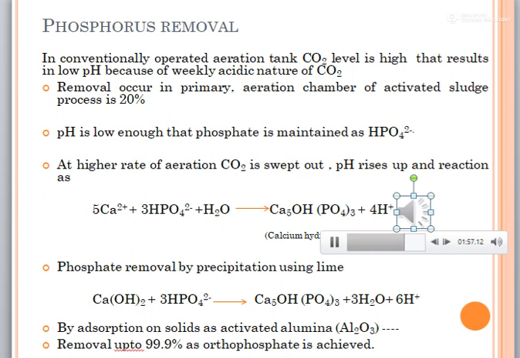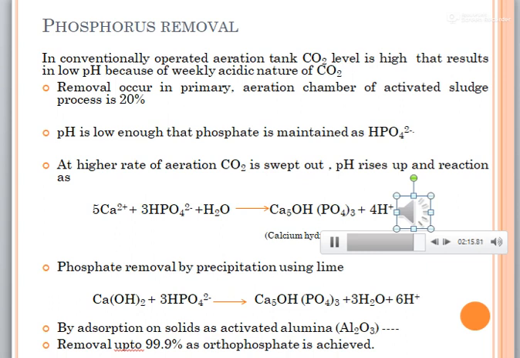Some of the possible reasons for this are slow precipitation of calcium hydroxyapatite, formation of non-settling colloid, precipitation of calcium as calcium carbonate in certain pH ranges, and that phosphate may be present as condensed phosphate.